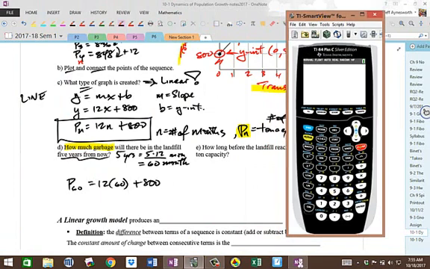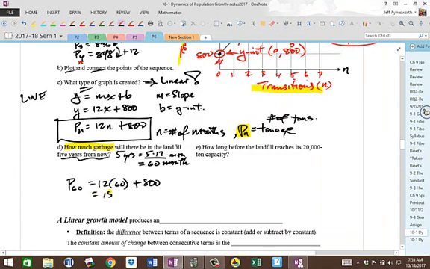So we have 12 times 60, which is 720, and then you have to add, not multiply, 800, which should give you 1520. So that's 1,520 tons after 60 months, or you can say 5 years. 5 years, 60 months, same thing.